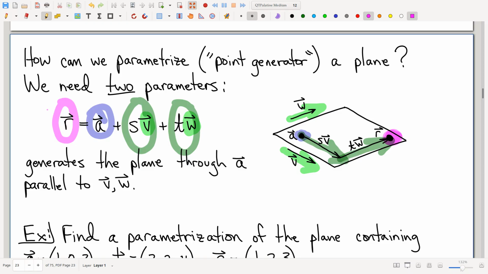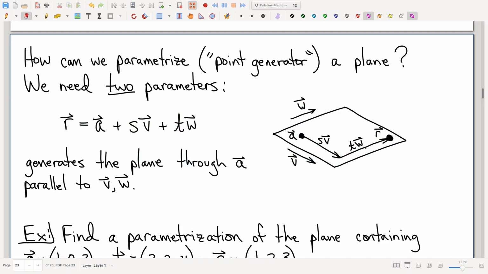Again, I think that's geometrically satisfying. A lot like that example that y'all saw in the homework. Everybody buying it? Okay. So do notice what distinguishes this from a parametric curve is we have two parameters.